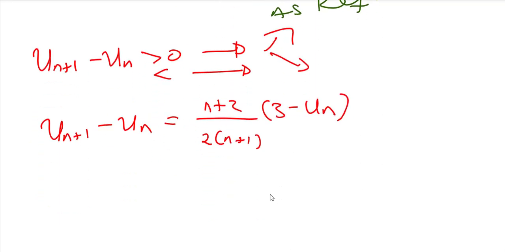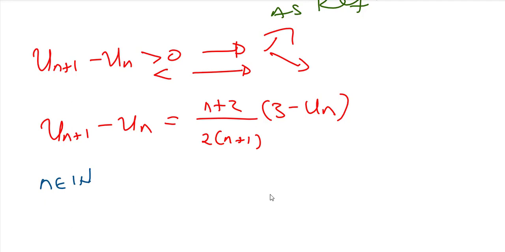Now we are simply going to use some notions on inequality here to verify the sign of this quantity, to see if it is positive or negative. Remember, n is a natural number, and so it means n plus 2 will definitely be positive, and n plus 1 will be positive.